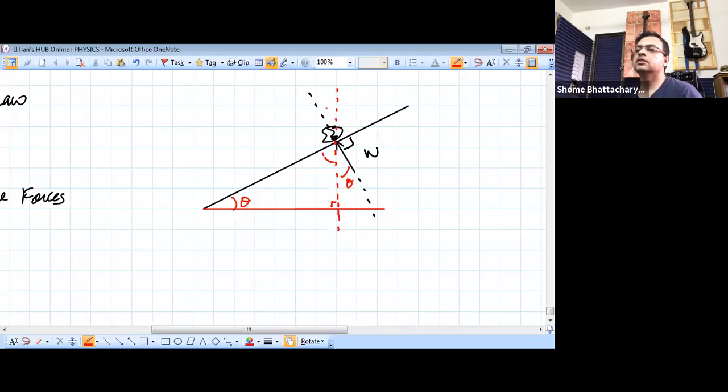So the normal reaction कैसे act कर रहा है यहाँ पे? It is always acting in a direction which is making an angle of theta with the vertical.